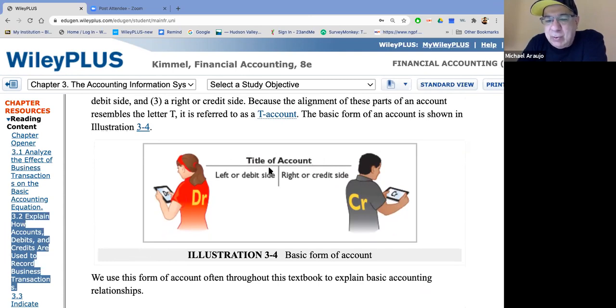Liabilities and stockholders' equity accounts, like accounts payable, which is the title of an account, like common stock, actually increase on the right side. And that makes sense because when you look at the balance sheet equation, assets equals liabilities and stockholders' equity. Liabilities and stockholders' equity is on the right side of that equation. So think about the right side of their accounts as how we say we have more.